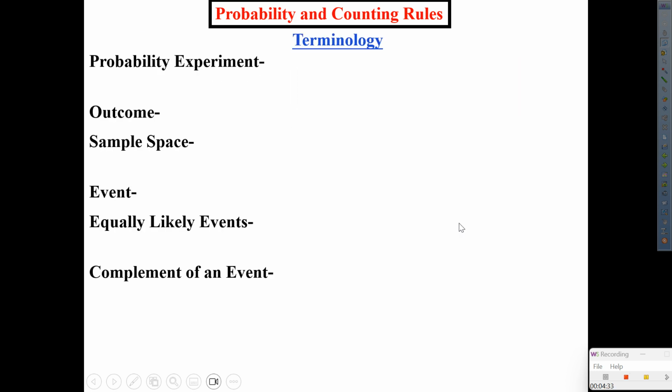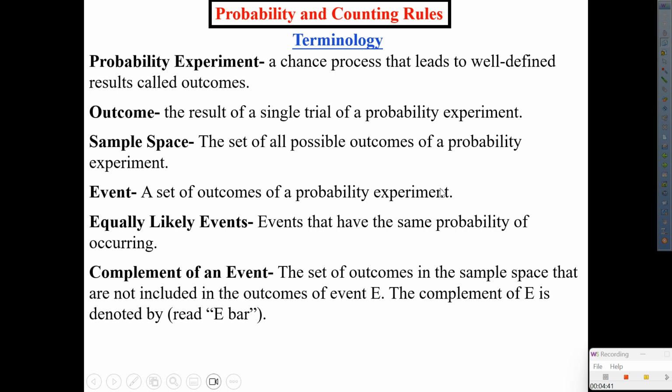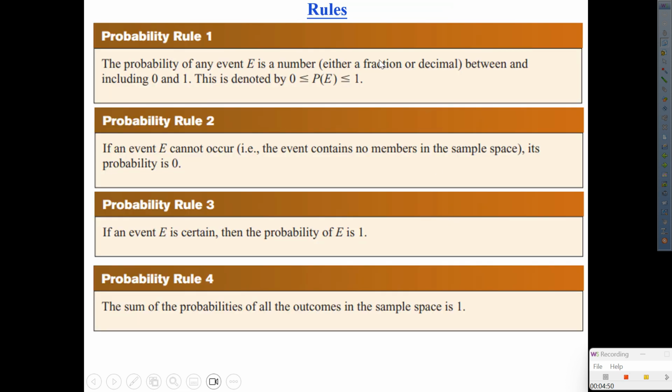So we talked about the different terminology. Everybody got these 100% right on Friday on the pop party. Very good. You have all that in your notes. Once again, you have the code, which gives you access to all these notes in case you're missing any. And then we talked about the different rules, fairly simple rules, only 4 of them.